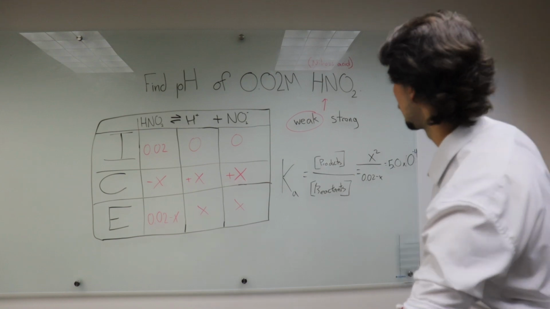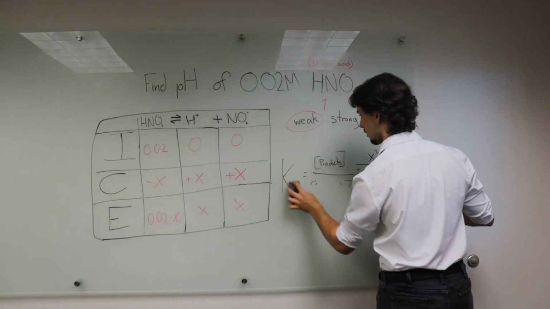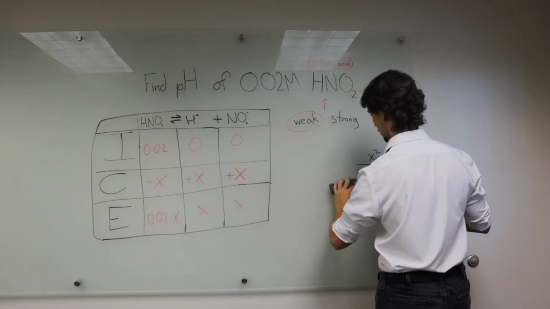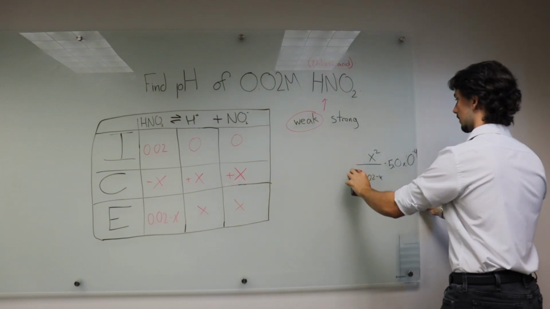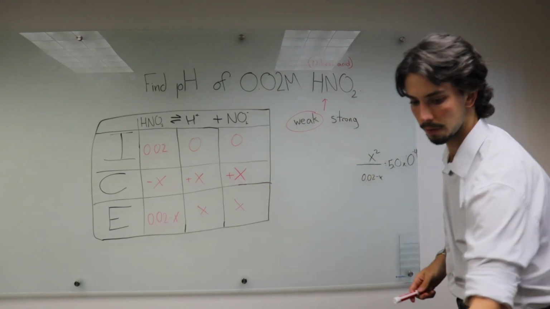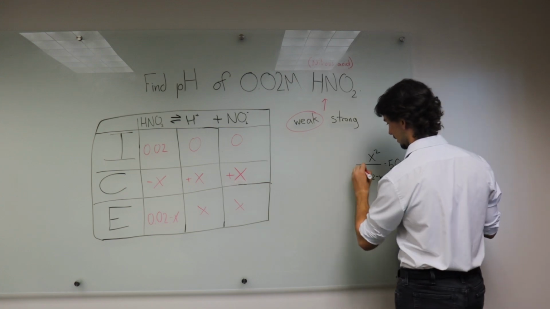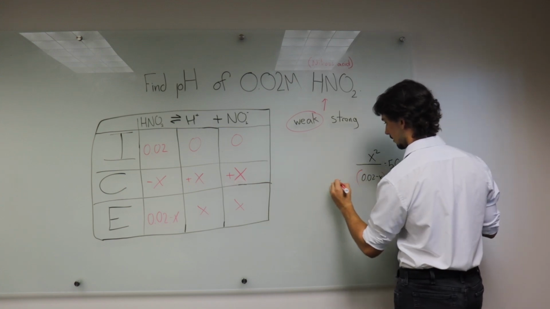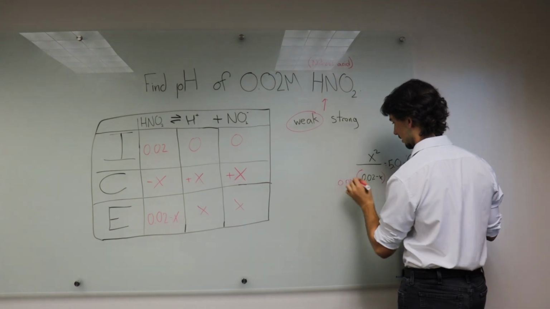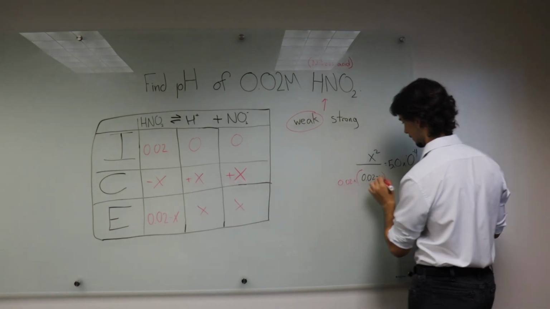So what we need to do is rearrange our formula to get X by itself. The first thing we can do, multiply both sides by that denominator, so we can get X squared by itself.